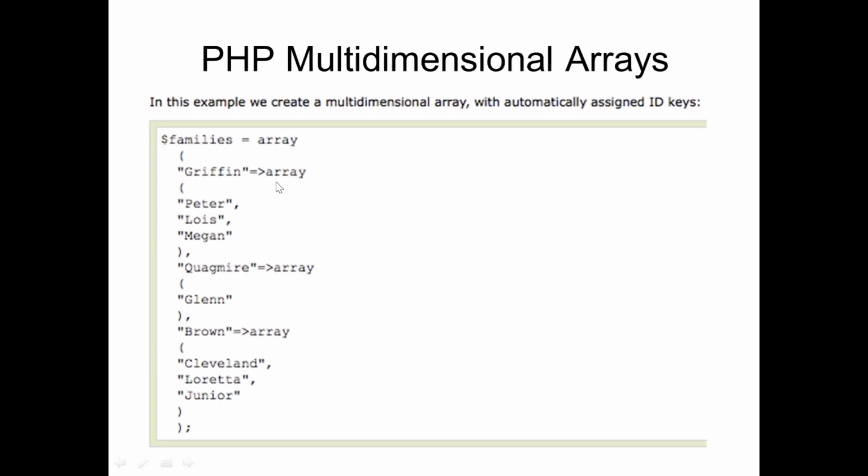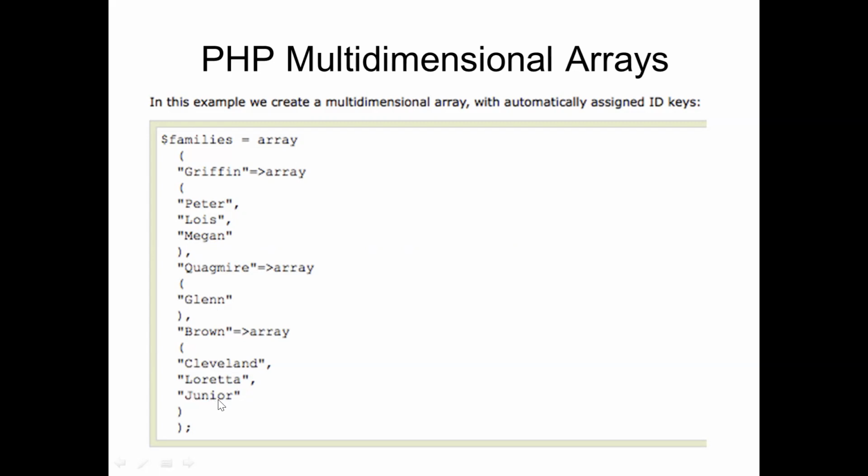Again, Griffin is an array of 3 persons, Peter, Lois, and Megan. And Quagmire, again it is an array with 1 person named Glenn. Again, we have taken the third key, that is Brown. And again, it is an array object with 3 values, Cleveland, Loretta, and Junior.